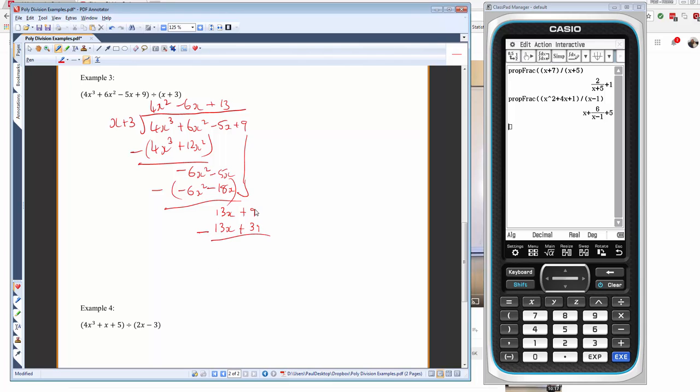Subtract. Alright, 9 take away, well, I'm assuming that these cancel each other out, but let's just be sure. 13x take 13x is 0. 9 take 39 is 30.